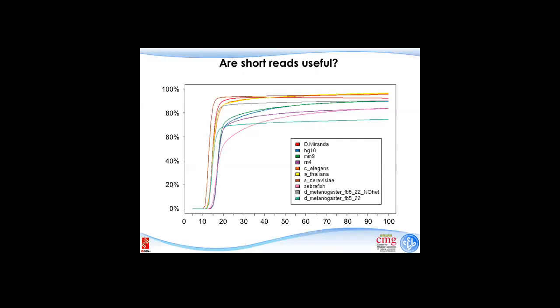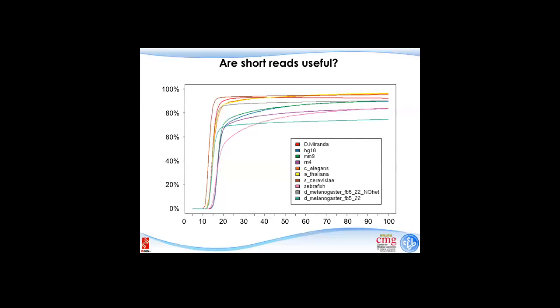But actually, a lot of repetitive elements are not very long. There are a few dozen bases, sometimes a few hundred bases, and there are long ones, but in many cases they are shorter ones. And they are just sitting in between some unique regions. So when you have a read, although one part is touching these repetitive regions, the other part is still touching unique regions.